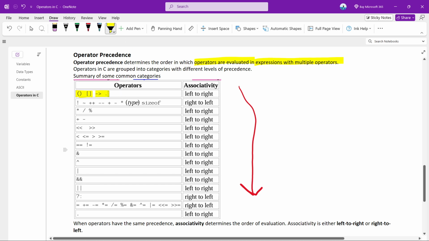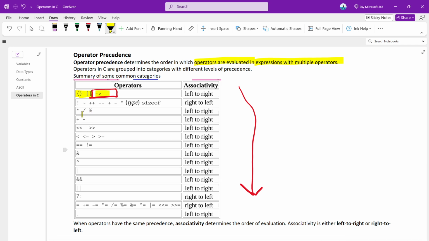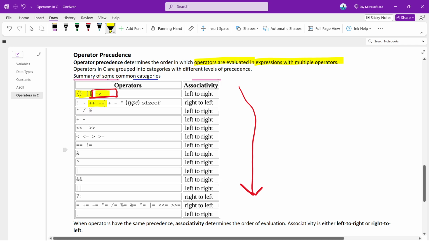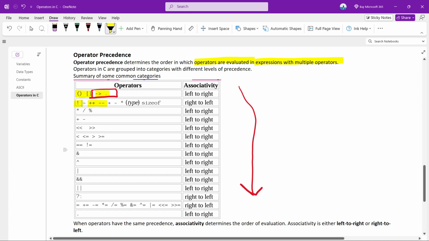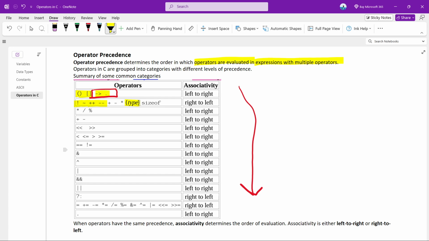Similarly, structure pointers and dot operators take high precedence. We will see what they are when we learn about structures. Then next in line come our unary operators: the increment operator, the decrement operator, the logical not operator, the bitwise not operator, and typecasting. This is the precedence of unary operators.